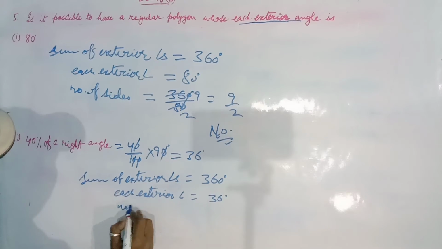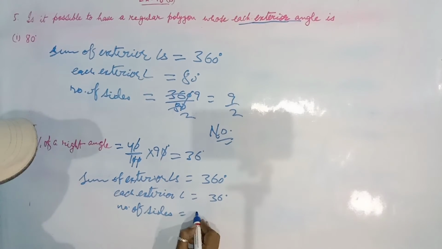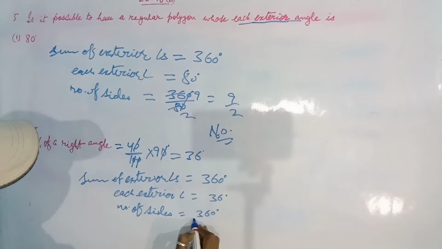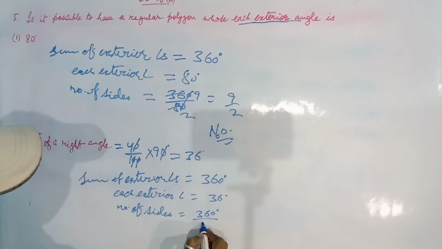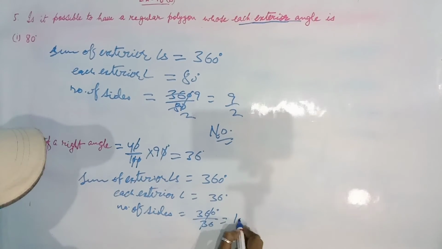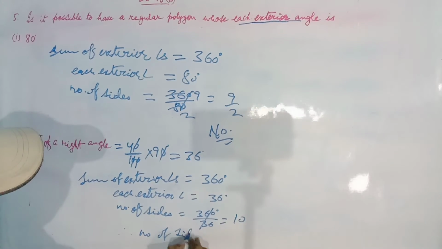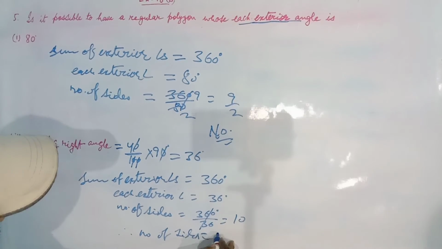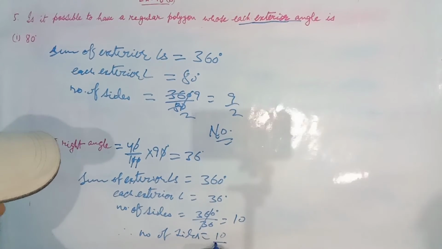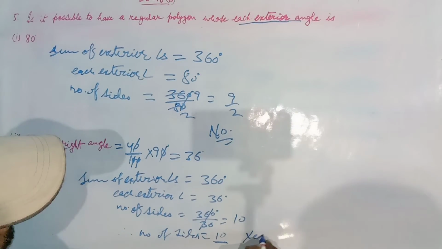Then the number of sides equals the sum of exterior angles, that is 360, divided by each exterior angle 36, so it will be 10. Therefore the number of sides is 10. See, the number of sides is a whole number, so it will be a regular polygon, so I have written yes.